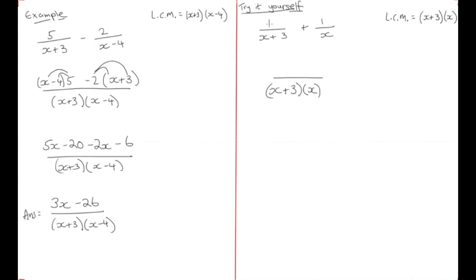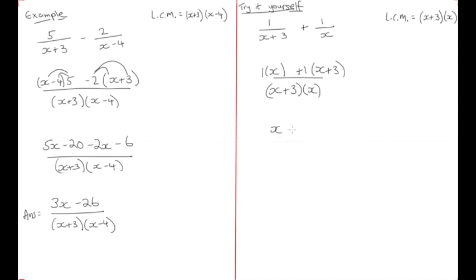Now this 1 needs to be multiplied by this x, so it's 1 multiplied by x, and this 1 here needs to be multiplied by this x plus 3. And the great thing about multiplying by 1 is it stays the same.